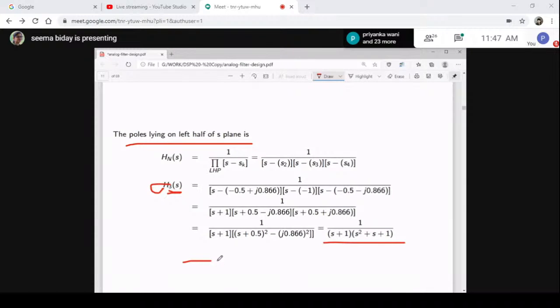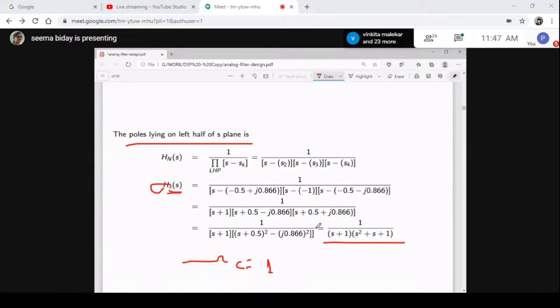What is omega C? Omega C is 1. That's why it is called the normalized Butterworth filter. And this is the standard one: 1 upon S plus 1 into S square plus S plus 1. So this is the standard H3 of S for the Butterworth normalized filter.